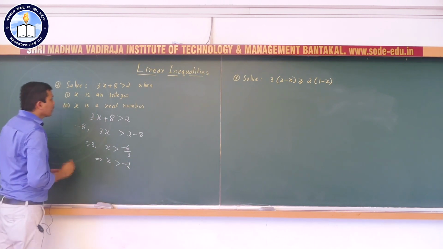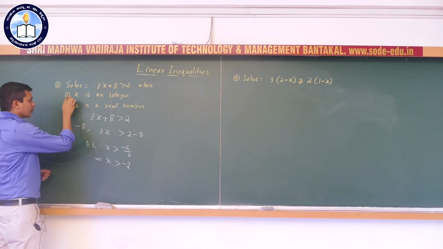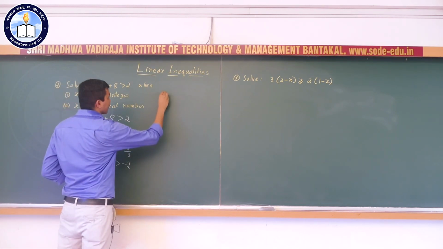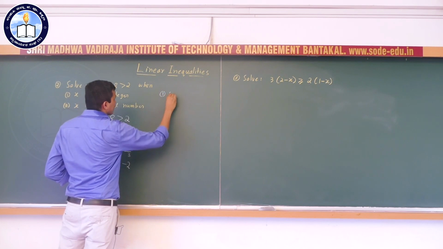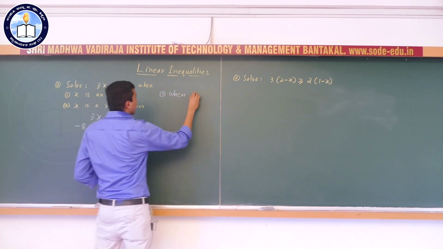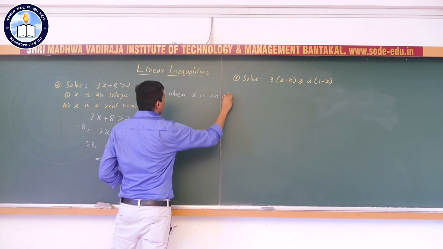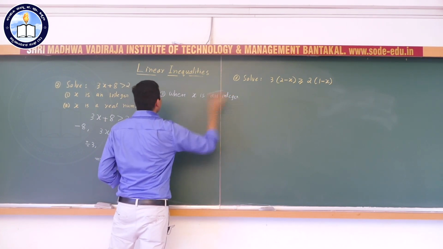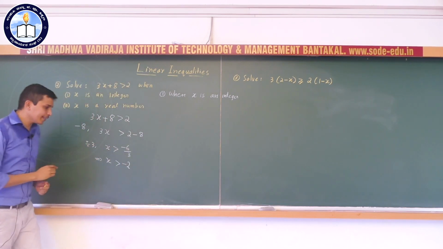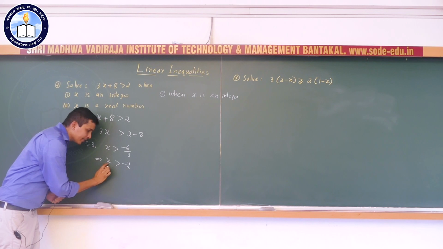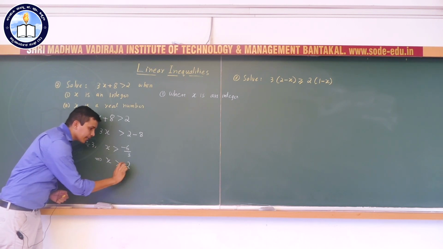So now here the question contains 2 cases. In the first question, it is asked when x is an integer. If x is an integer, that integer should be greater than minus 2.